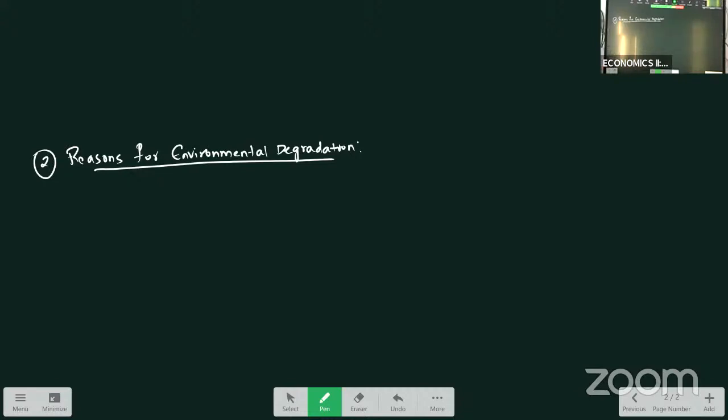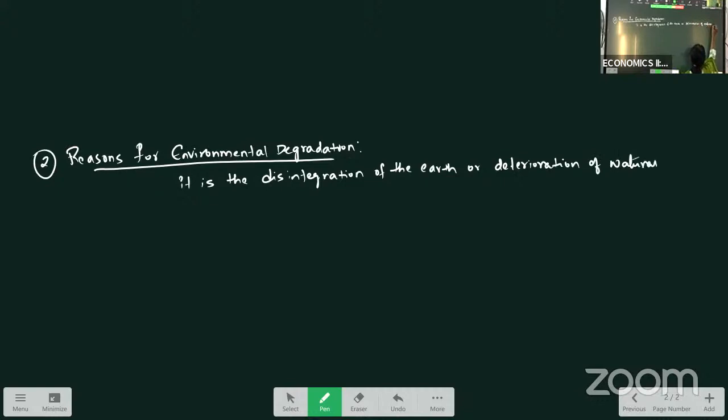We can say degradation, disintegration of earth or deterioration of natural assets in the environment is called as environmental degradation.